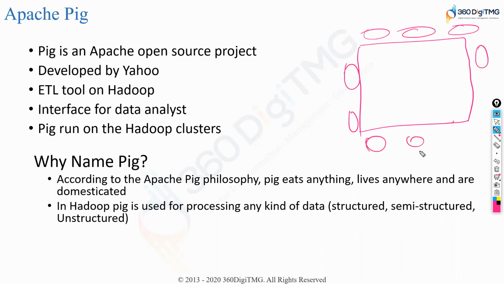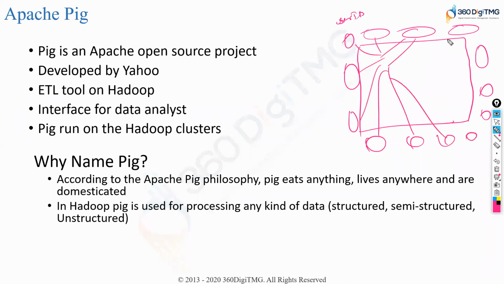Yahoo has different applications, and a user with an ID might be using several of these applications, right? So the data had to be extracted from these different applications. Informatica is exactly one of the softwares which is popular for doing ETL. Similarly, we want to do it on Hadoop.